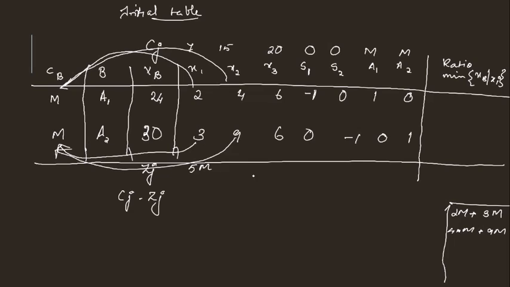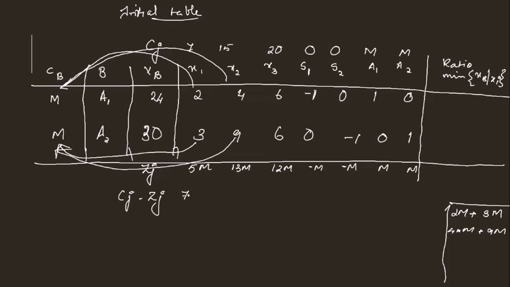So all these procedures have been done earlier, right? So what is 4 plus 9? 13M. What about the next value? 12M. Then minus M, M and M. Now what is Cj minus Zj?